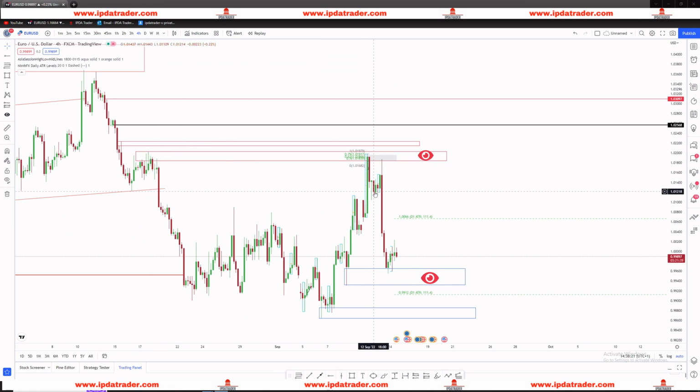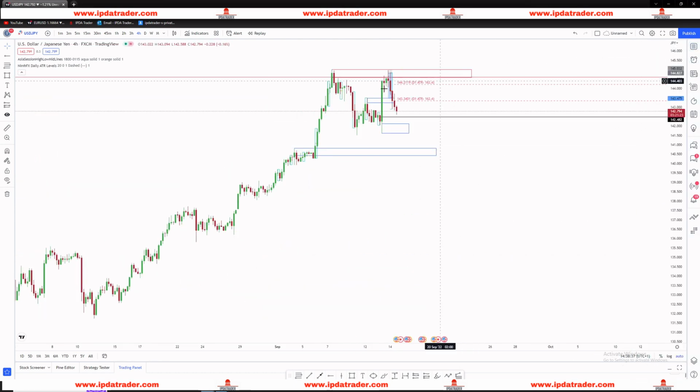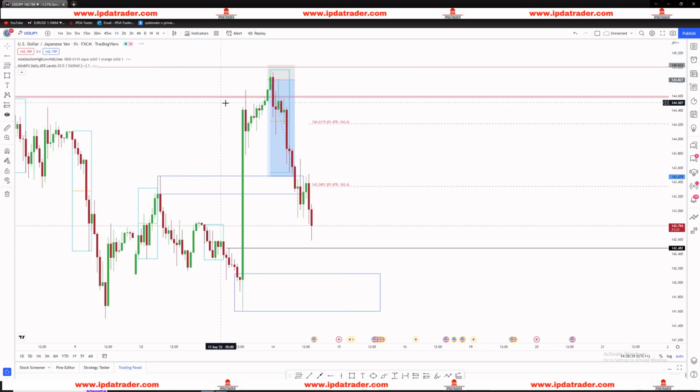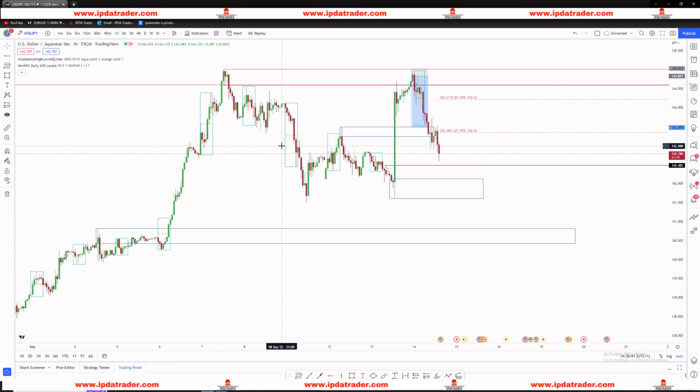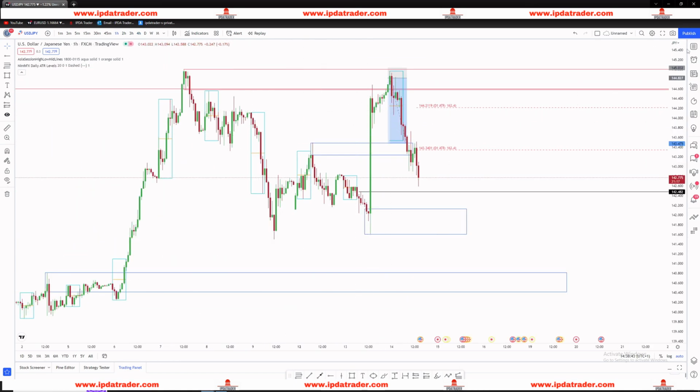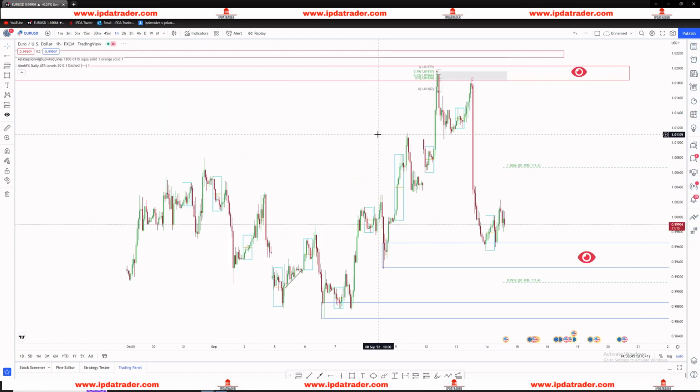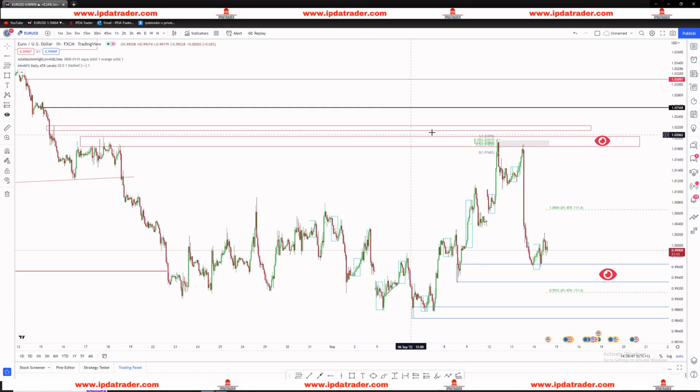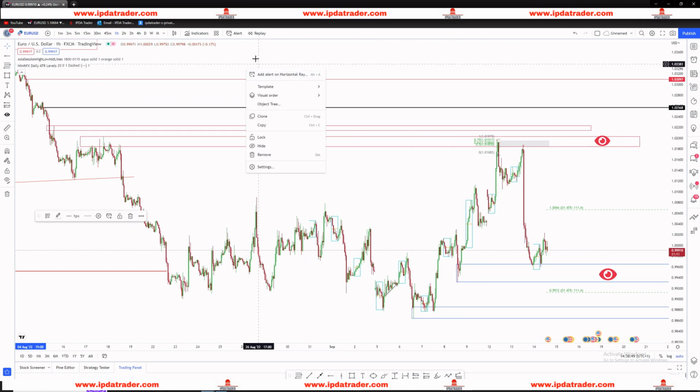We reacted, we returned into it as a pullback, and then we expanded lower, right? I didn't get an entry over here. I think some members in my community did. I followed my rules and it did not provide me with an entry, which is absolutely fine because once again, another trade came across and it played out very well, right? But once again, that's a topic for a different video. Just giving you a heads up that these things happen over and over again.